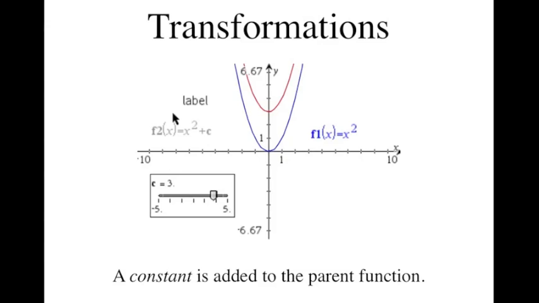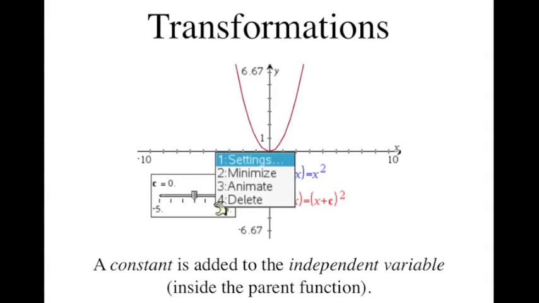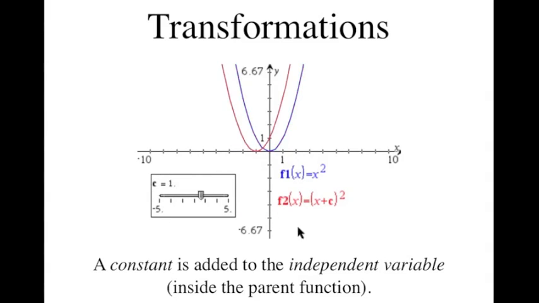A constant is added to the parent function. What about when we add a constant number inside the parent function? So we add it to the independent variable. All right, so now we've got our c value, where we still have our quadratic function. We're adding c inside the function, and the c is going to be the value that we have over here in the box.